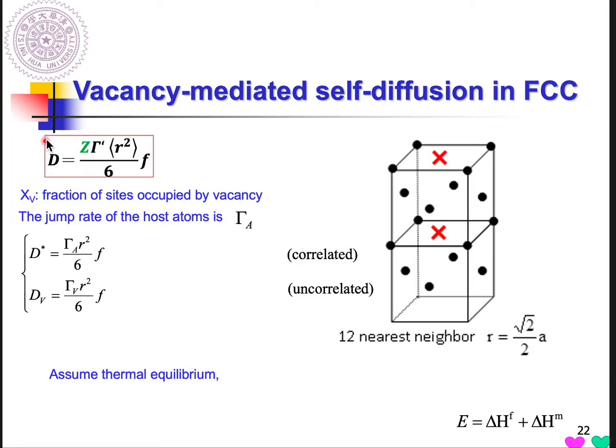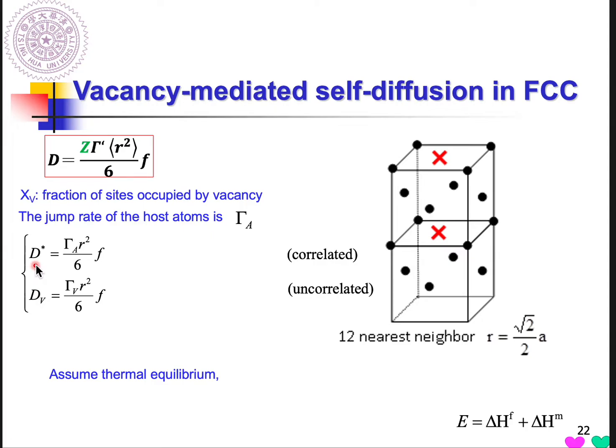And we just copy the diffusivity as a function of gamma, the mean square jump distance, and f, the correlation factor. Based on this equation, we try to write down the diffusivity. But here it is vacancy-mediated, right? So we assume the vacancy is located here and here on this plane, at the face center. Here, the diffusivity can be expressed as a self-diffusivity, and this is the mean for the atoms.